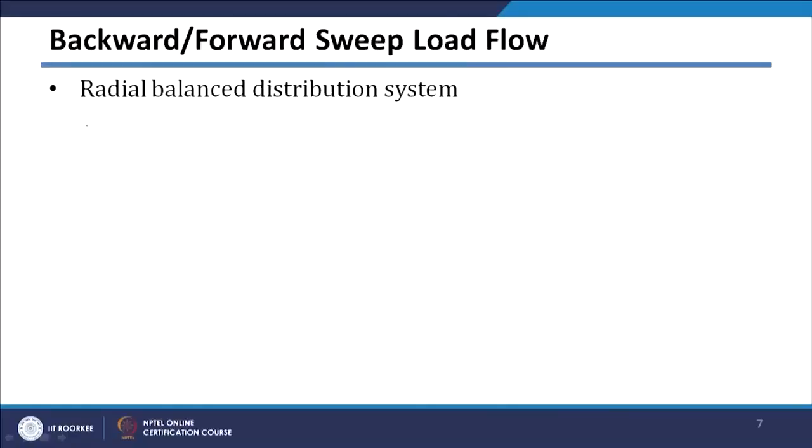Now, let us see the steps in this particular algorithm, that is the backward forward sweep load flow algorithm. For any general type of distribution system, say your distribution system is something like this, you are having some buses, and then there are some branches.